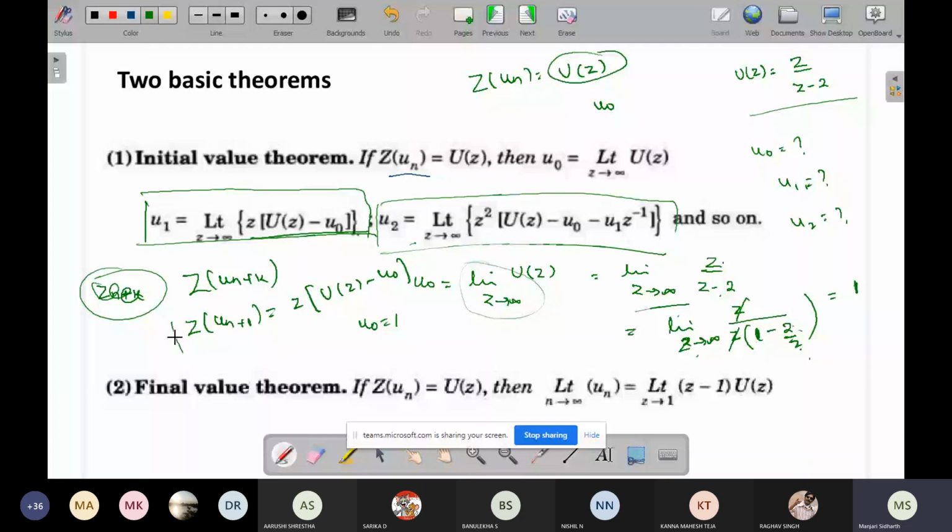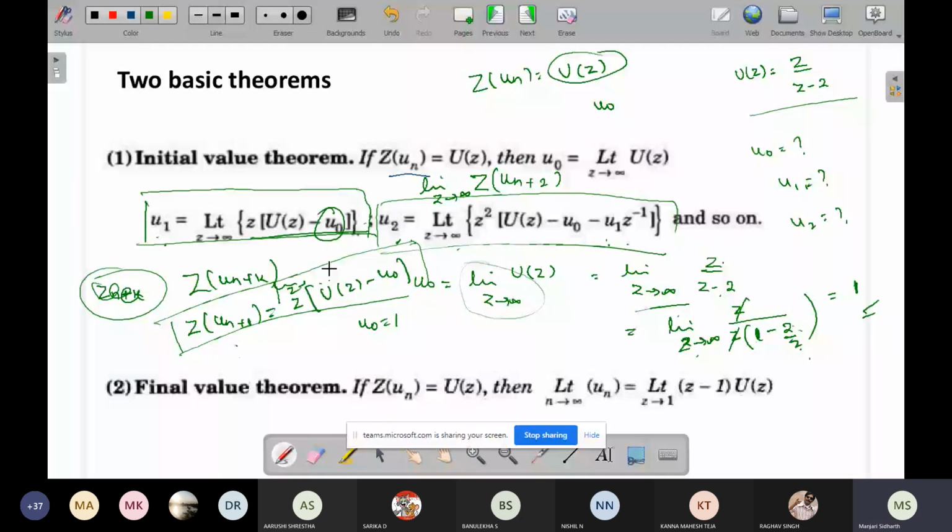So u_1 value is nothing but, if we take the limit z tending to infinity here, you will get the value of u_1. This is nothing but the Z transform of u_(n+2), and in this we take the limit z tending to infinity, you will get the value u_2. Now for u_0, you can use this value 1.